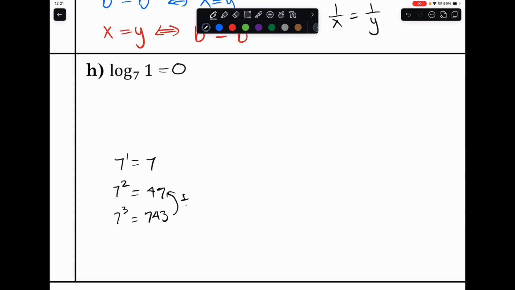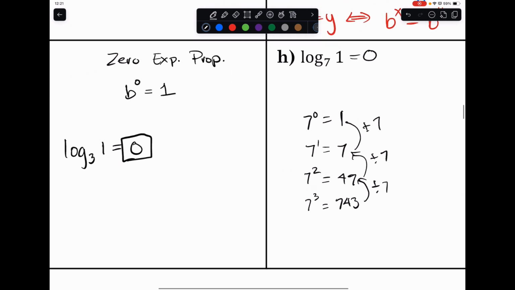Dividing this by 7 gives me 49, and then dividing that by 7 gives me 7. And then when I divide 7 by 7, that's going to end up equaling 1. So again, 7 would have to be raised to the 0 power. And that correlates exactly to this idea: the only way to get a base to equal 1 is if the exponent on the base is always 0.